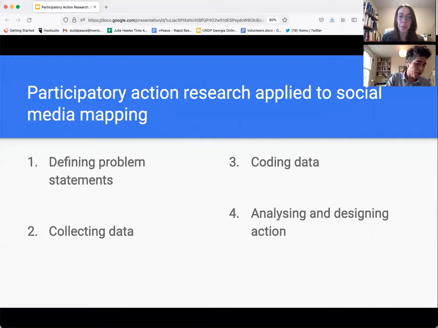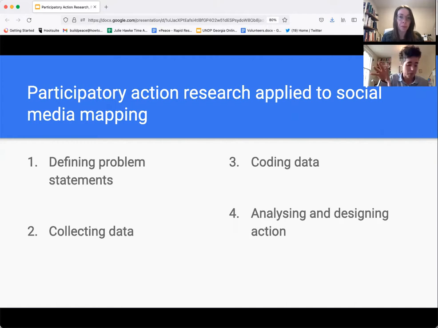Thanks. As Julie said, the Digital Maps program applies participatory action research to social media mapping in order to explore the details of polarizing dynamics that unfold on social media. And this participatory action research process comprises 4 participant-led steps. The first one is to define problem statements.